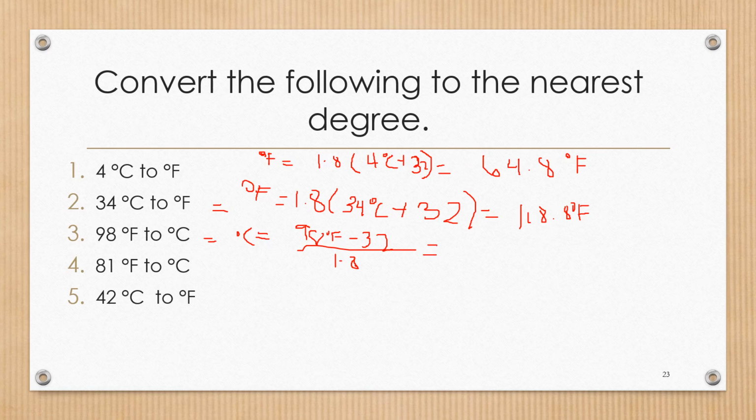So we have 98 minus 32 equals 66 over 1.8, equals 36.66 degrees Celsius.